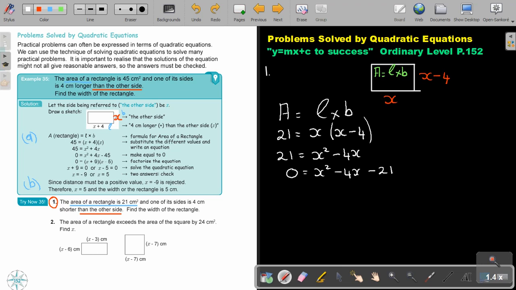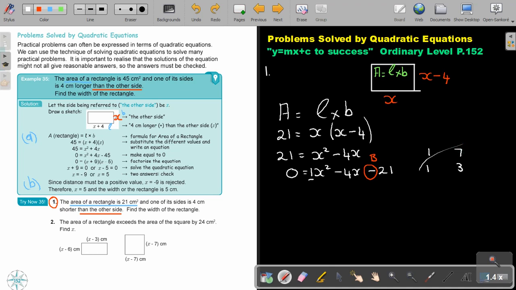Now, it's not always possible, otherwise you can use the formula, but let's see if it can factorize. Can you still remember what I teach? This is in group B. So I must take this value and break it up into factor pairs. Let's try 7 and 3. 7 subtract 3 will give me that 4.